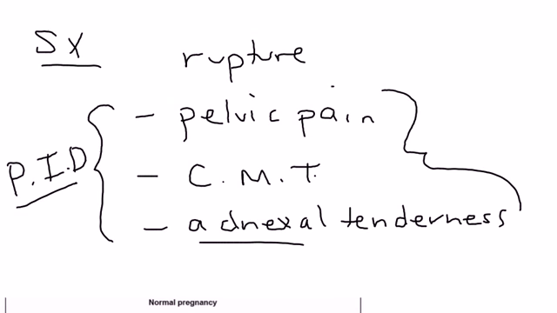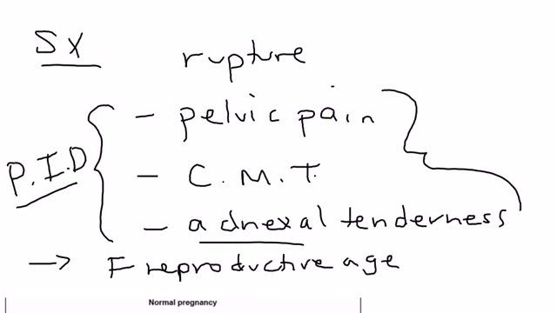Well, one of the key things that you need to look for is, you should suspect an ectopic pregnancy in any female of reproductive age who has these symptoms but also has vaginal bleeding.